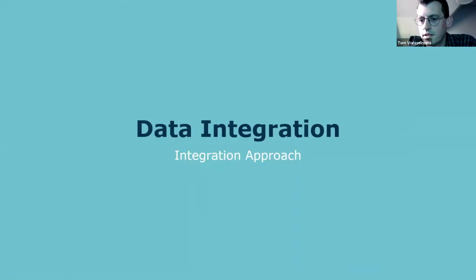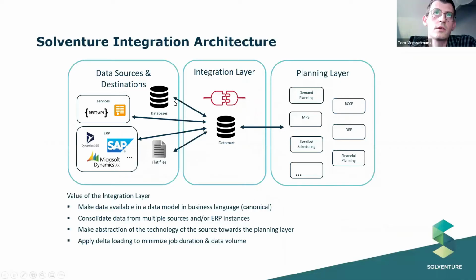So how does that link to our integration approach? Here you see our integration architecture overview. And on the right, you see the planning layer. An advanced planning system like Archiva, for example, is typically organized in modules.